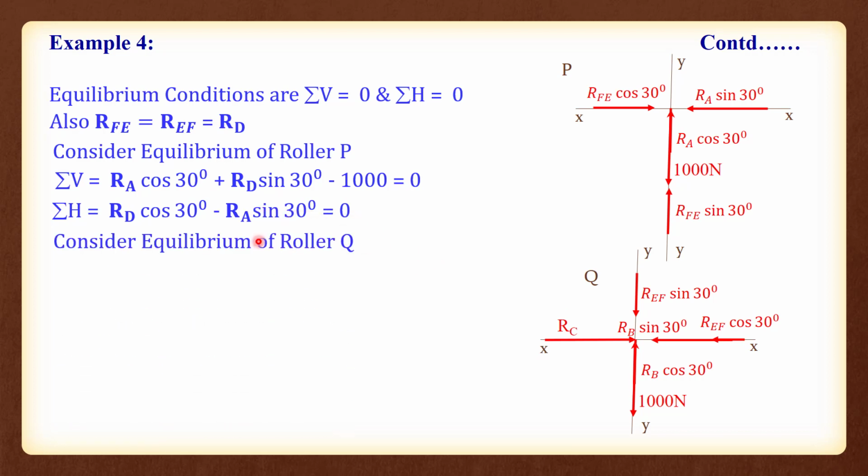Okay. Now let us consider the equilibrium of roller Q. Again we will apply the equilibrium conditions. First one is sigma V equal to 0, which implies RB cos 30 acting in the upward direction, which is taken as positive, minus, instead of REF I will write RD, so minus RD sin 30 and minus 1000 is equal to 0.